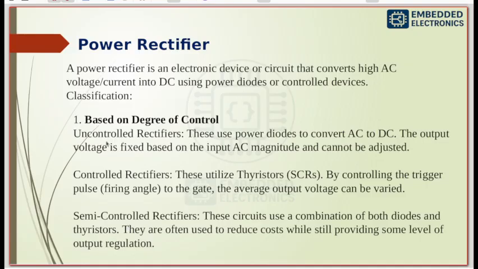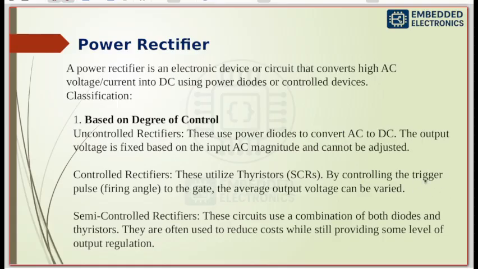In an uncontrolled rectifier, as the name says, it is not controlled, meaning it is fixed. The output voltage is fixed based on the input AC magnitude, so it cannot be adjusted. These are power diodes that convert AC to DC. In controlled rectifiers, we use an SCR or thyristor.